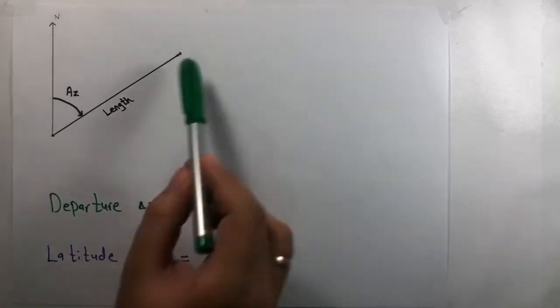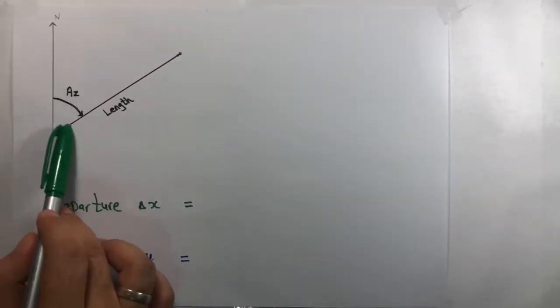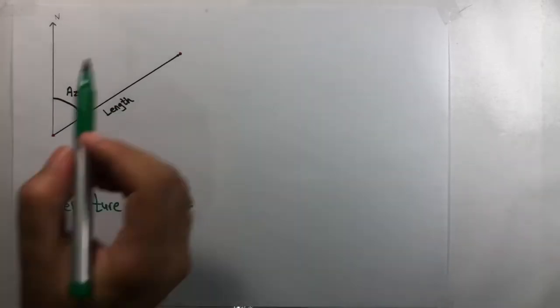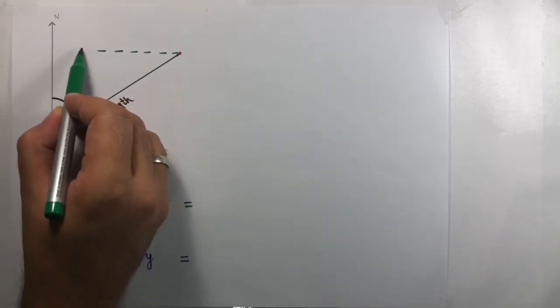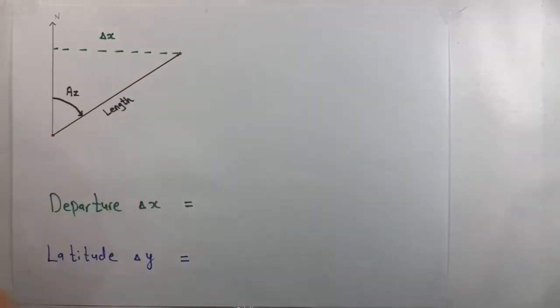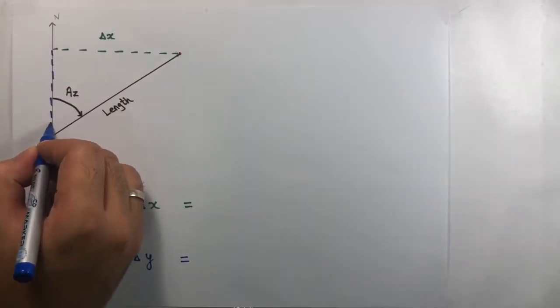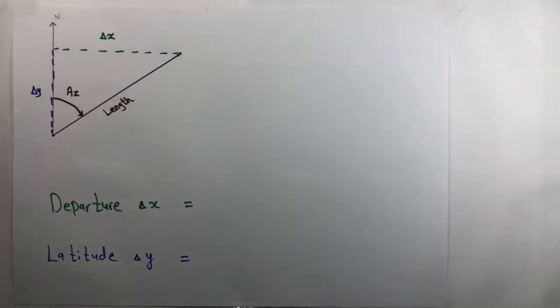Anyways, let's assume this is line AB, and we have the north arrow, here's the azimuth and the length. So to find the departure, this line represents the departure or the delta x, and this line represents the latitude or the delta y.